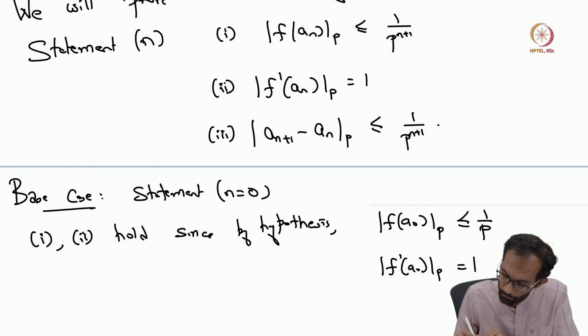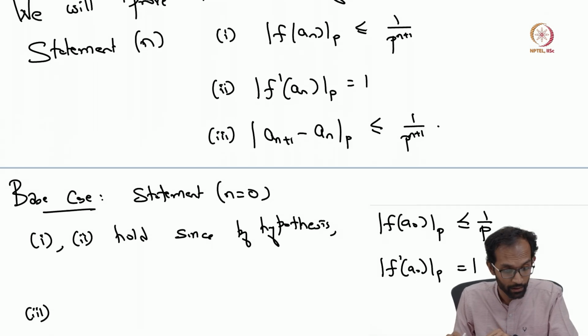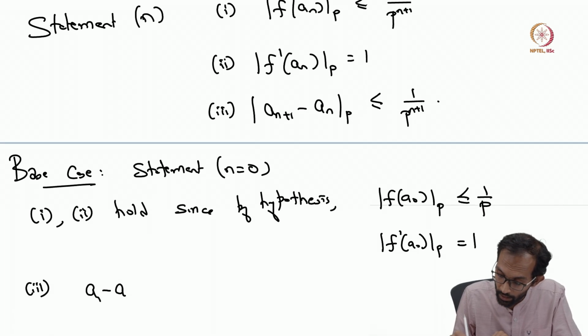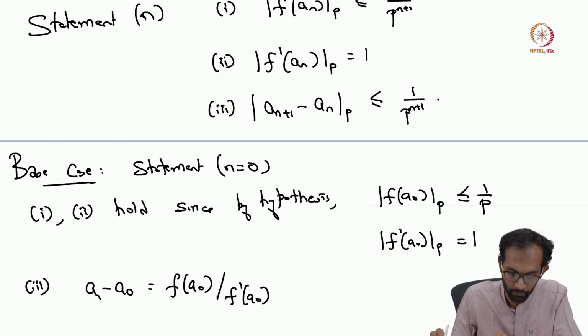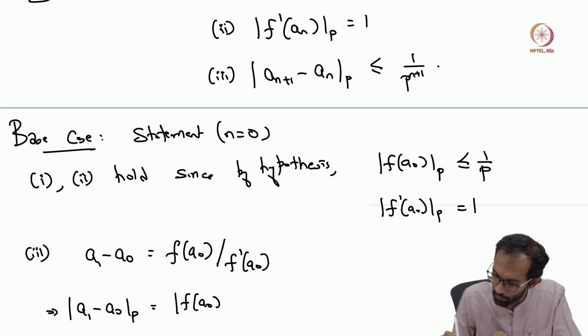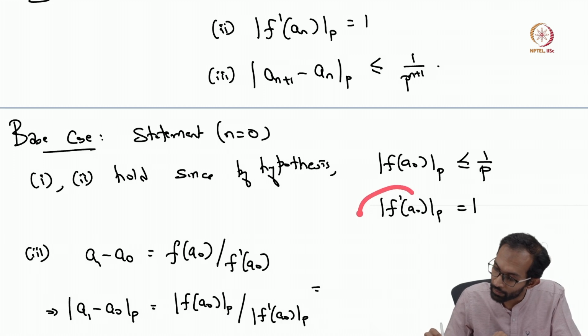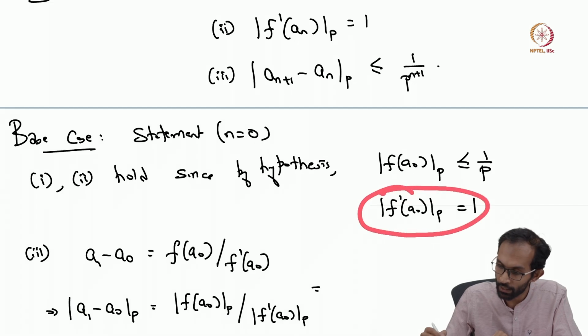Now for statement 3, the third statement in this claim, you have a_1 minus a_0. And again by the formula, this is f(a_0) divided by f'(a_0). So if you look at the p-adic absolute value of this difference, this is nothing but f(a_0) in p-adic absolute value divided by the derivative at a_0 and computing its p-adic absolute value. But the p-adic absolute value of f'(a_0) is 1.